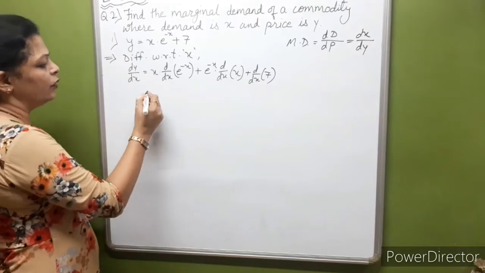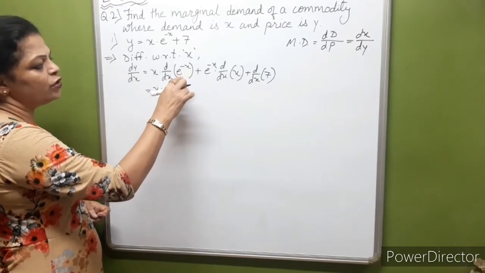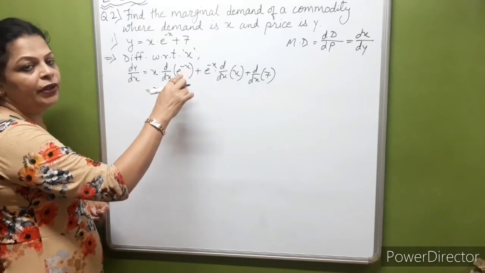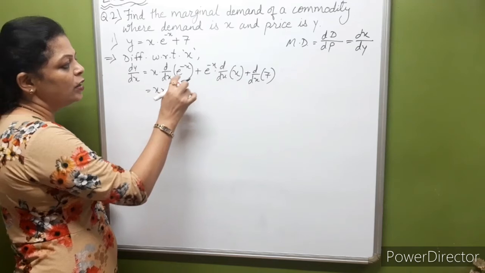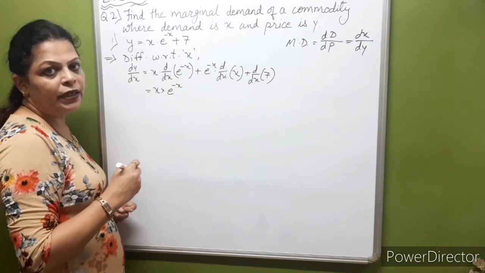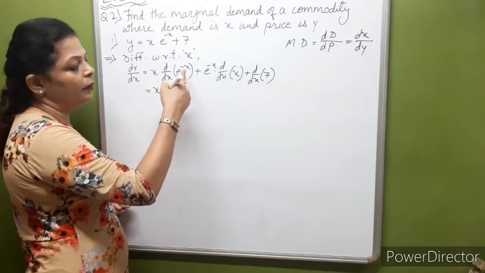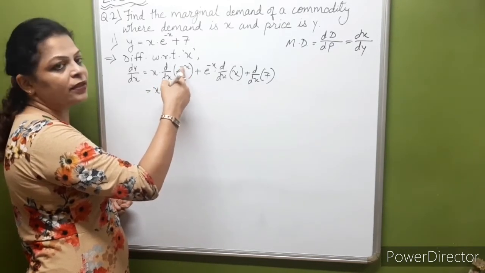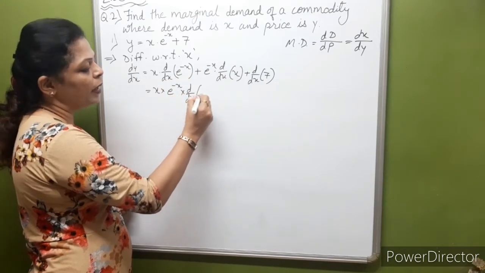So let us find out. This is x into derivative of e raised to minus x. Now we know derivative of e raised to x is e raised to x. So here e raised to minus x will be same, e raised to minus x. But this is now your composite function. In place of x you have minus x. So you will have to derive this minus x.